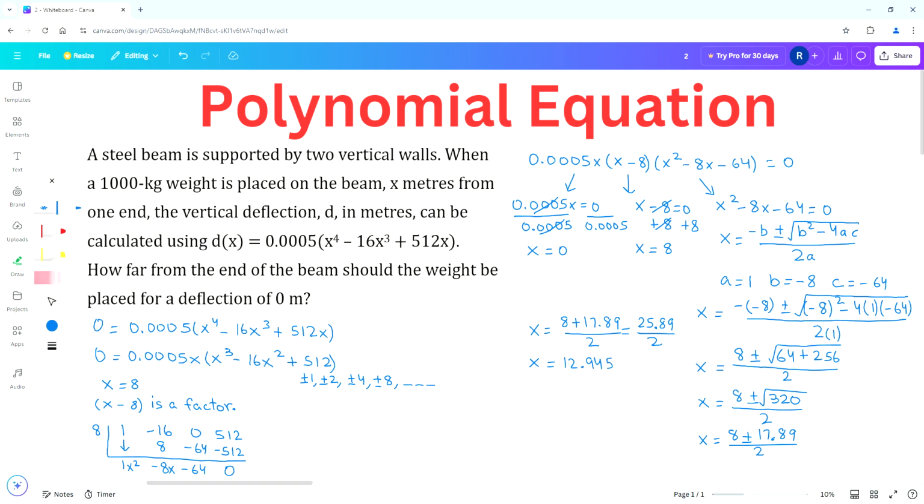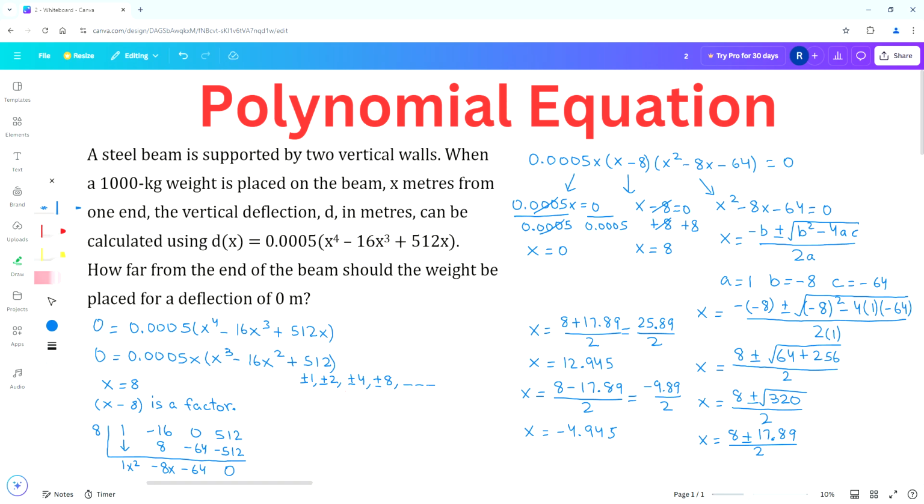This is the first x value. This is the second x value.